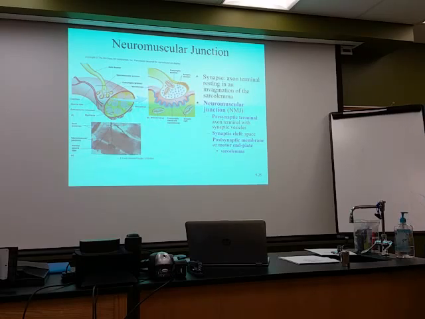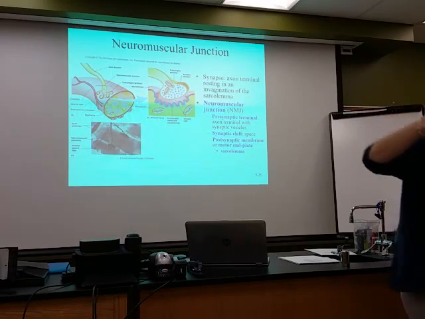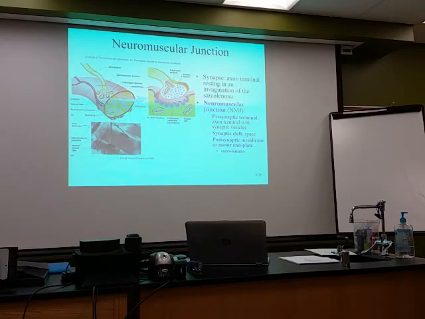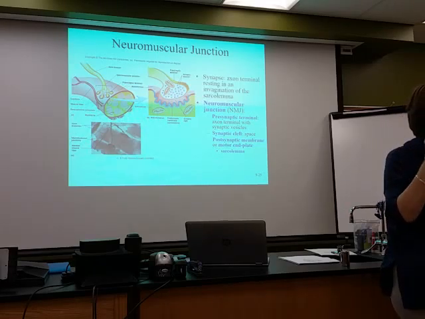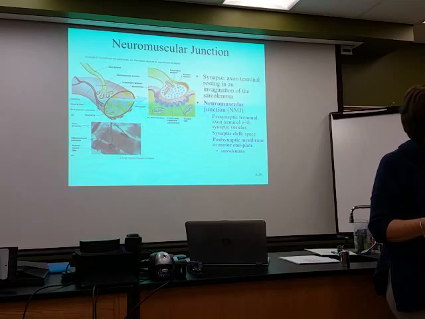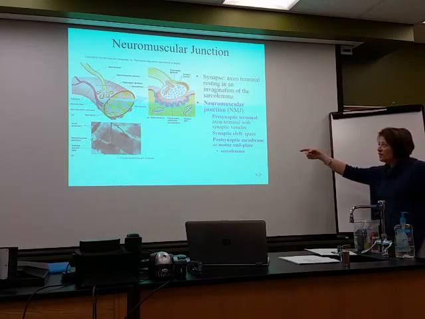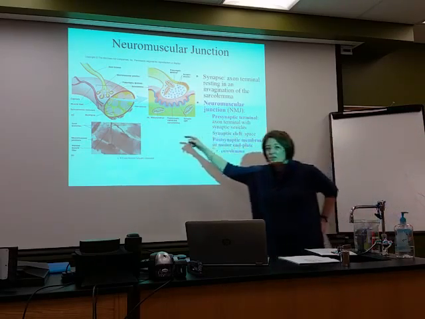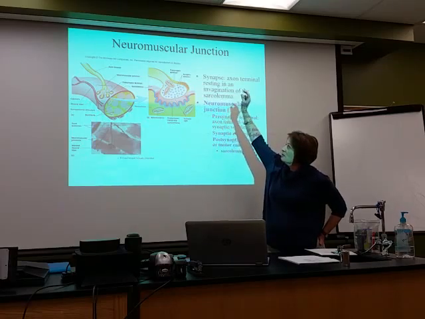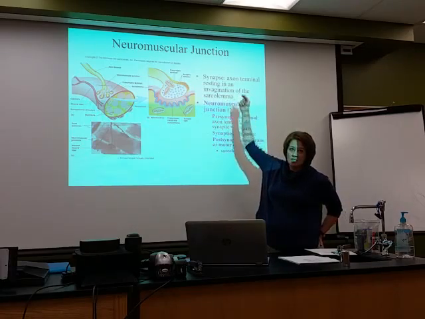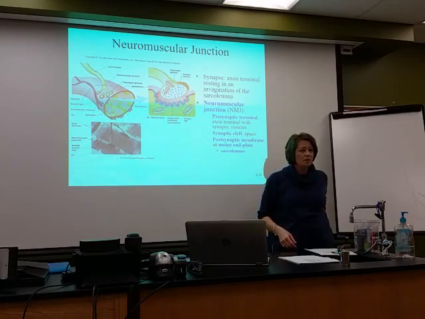And somewhere on that fiber would be a terminal end from the nerve. So the point where the nerve is going to meet that muscle fiber is termed the neuromuscular junction, the NMJ.